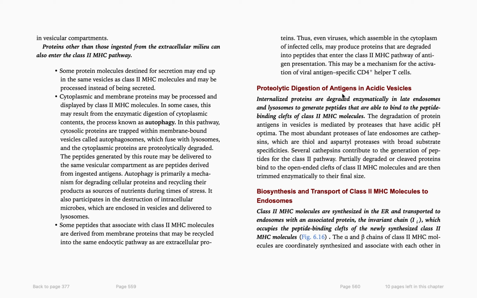Proteolytic digestion of antigen in acidic vesicles. Internalized proteins are degraded enzymatically in the endosomes and lysosomes to generate peptides that are able to bind to the peptide-binding cleft of the class 2 MHC molecule. The degradation of the protein antigen in vesicles is mediated by proteases that have an acidic pH optimum.